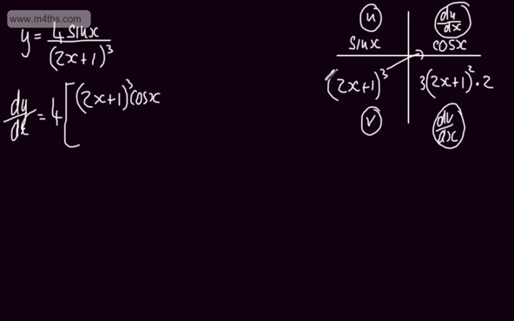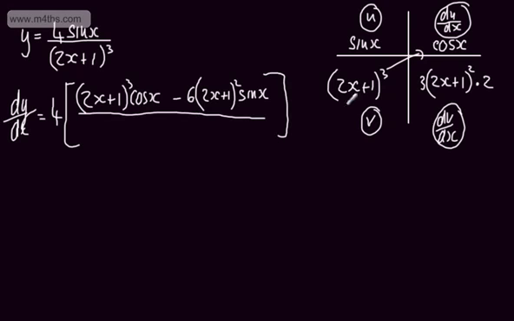So we're going to have 2x plus 1 to the power of 3 multiplied by cos x. We're now going to subtract away and we'll have minus 6 lots of 2x plus 1 to the power of 2 multiplied by sine x. So all I've done is multiply this. We've got 6 lots of the quantity here multiplied by sine x, and then we're going to put all of this over v squared.